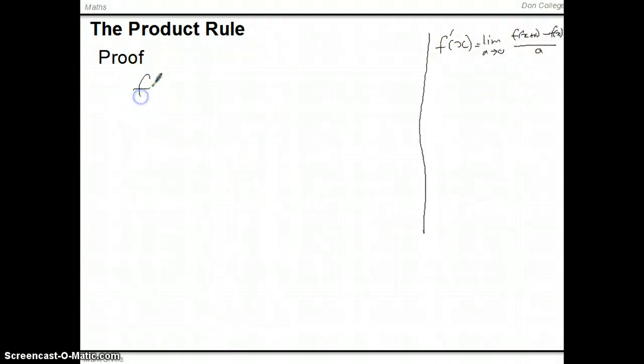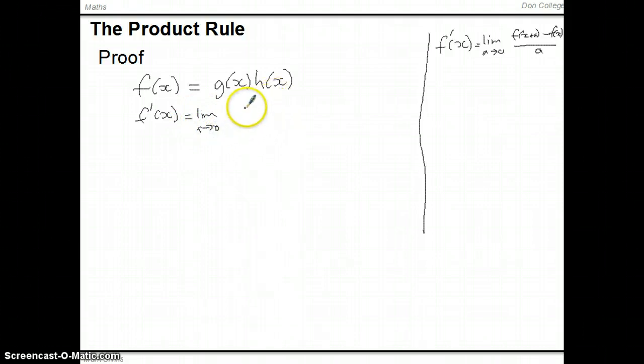Now, what we're dealing with here is f of x being equal to two functions multiplied together. Let's call them g of x and h of x. So you can see why I didn't want to use h. So f of x is equal to g of x times h of x, which means that f dash of x is going to be the limit as a approaches 0 of this differentiated.